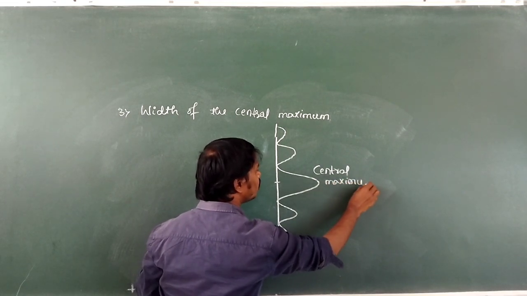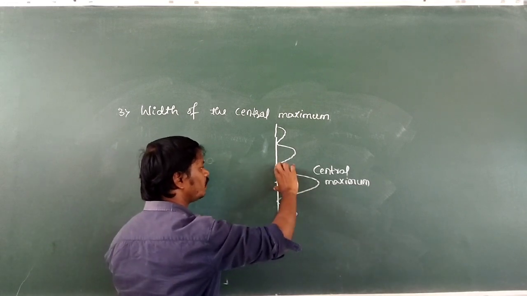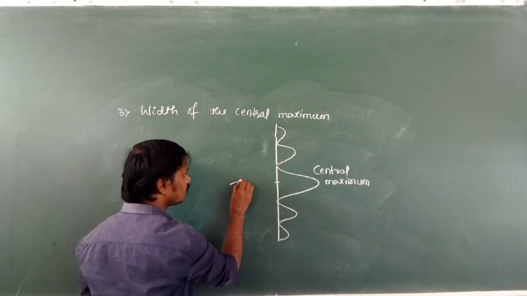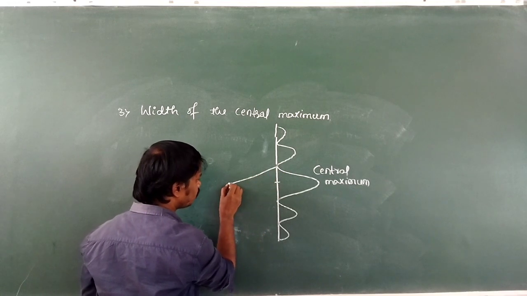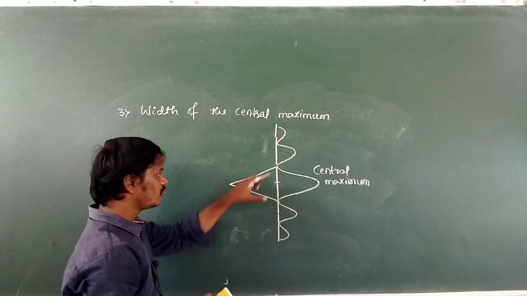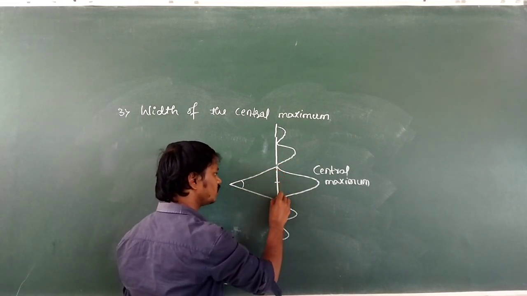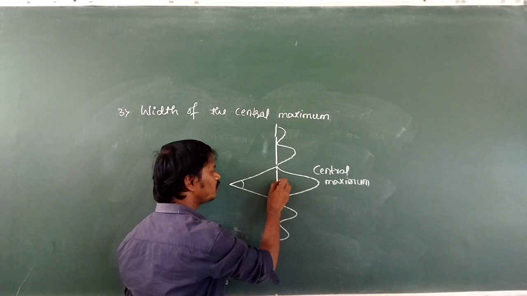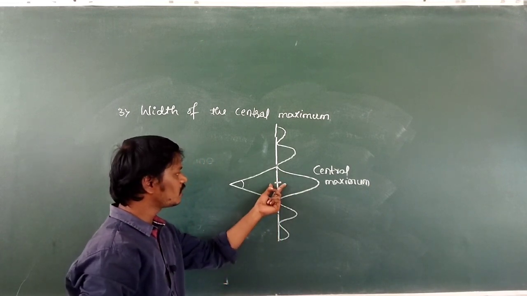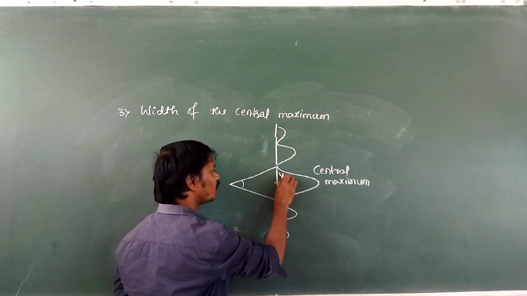Now we have to find the linear width and also the angular width. So this is the angular width and this is the linear width. From the center of the screen, the distance of the first minimum can be taken as y1.